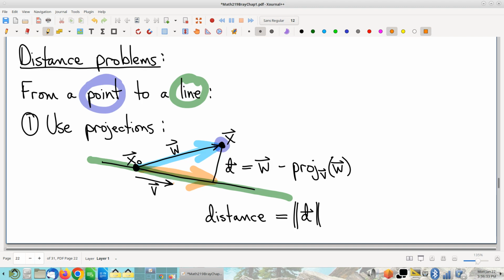Very importantly, the projection, not the component. I need the vector. So you take that projection, and then check it out: w minus its projection gives you this vector that I'm going to call D. The whole idea of a projection is that this subtraction gives me a perpendicular vector. That perpendicular vector is the one whose magnitude is the distance.